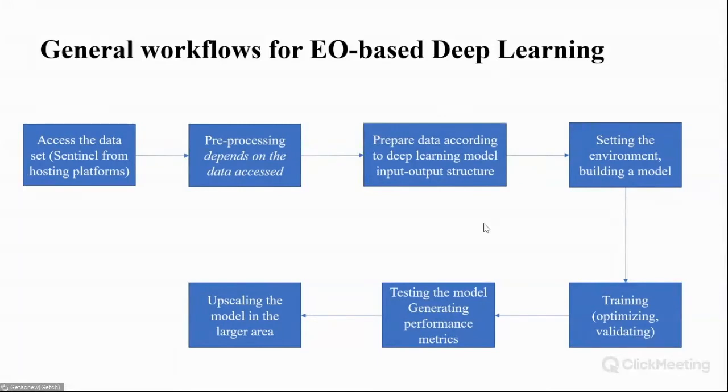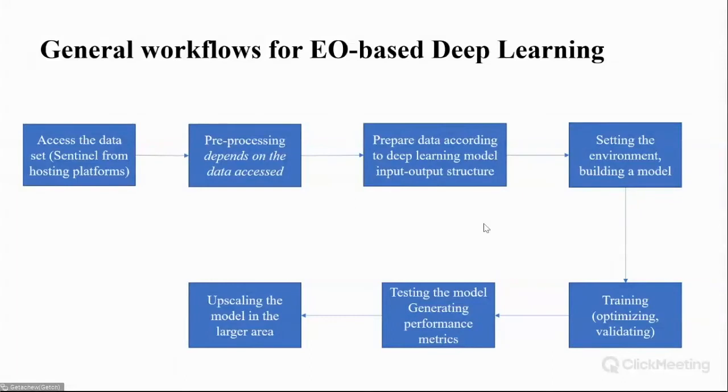And then after that, I put this pre-processing into two, because normally when we are working on deep learning based EO analysis, the normal processing may be common, but after you pre-process, the data should be converted into a model input-output structure, which I'm going to speak about later. Now after pre-processing the data, we set the environment and create the model.